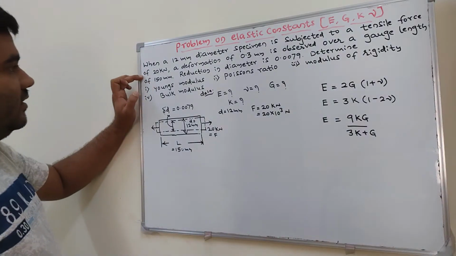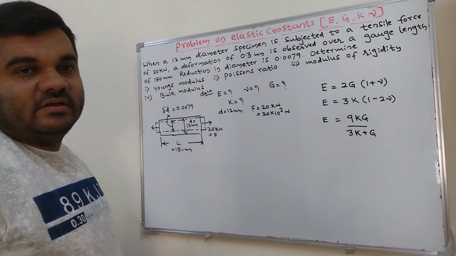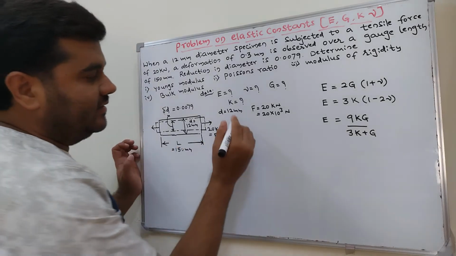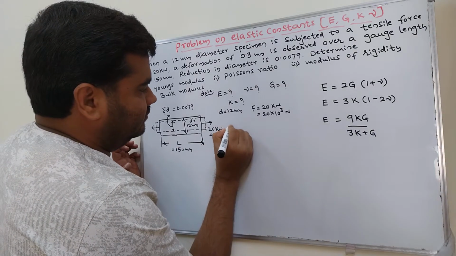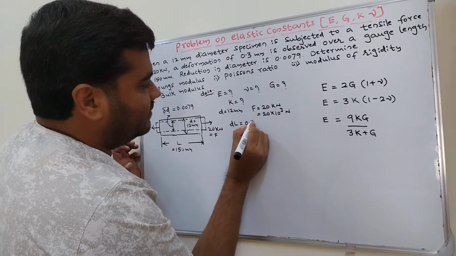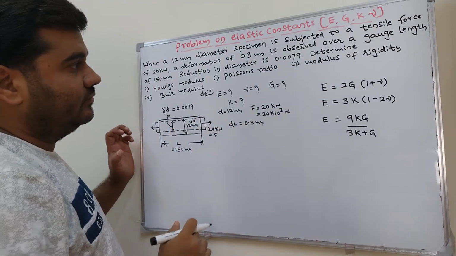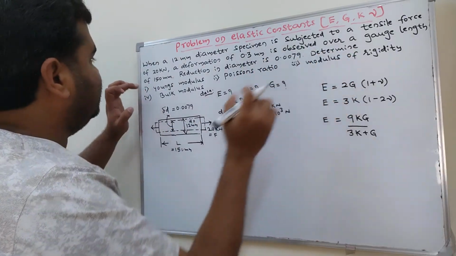Next, a deformation of 0.3 is the change in length, equal to 0.3 millimeter along the axial direction, observed over a gauge length.